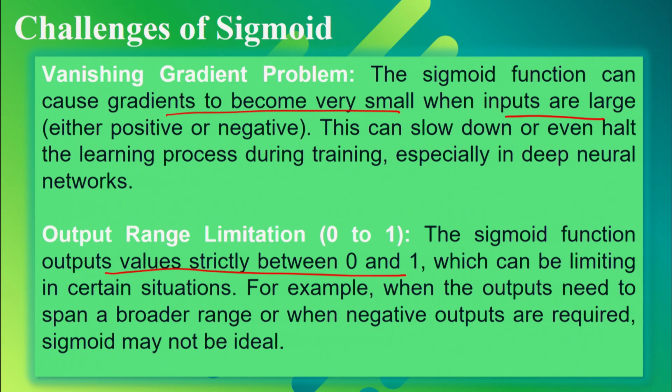So, those kinds of applications cannot be handled using sigmoid functions, and when some negative outputs are required, this is also not possible, because the sigmoid output ranges from zero to one, so every output value will be a positive value only.